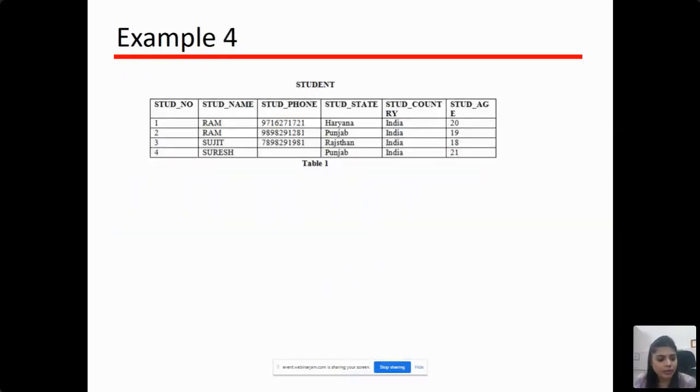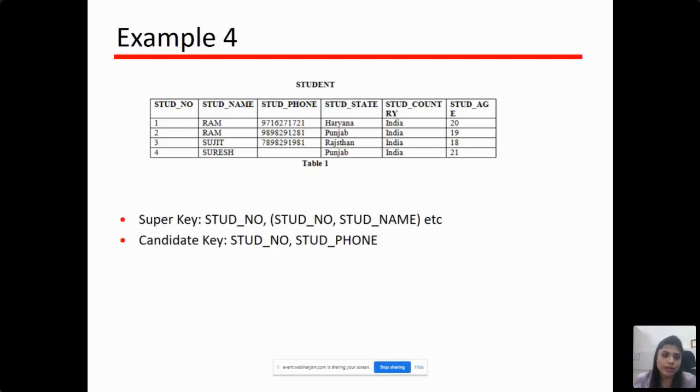One more example we are going to see quickly. We have a student table in which we have student number, name, phone number, state, country, and age of the student. Now, what can be the candidate key in this, with which you can identify a student entry? There can be two: student number or student phone.